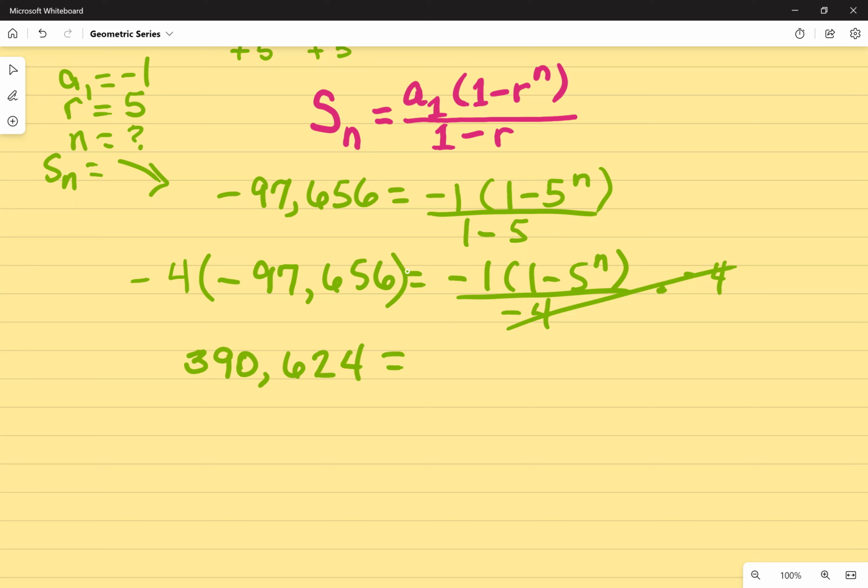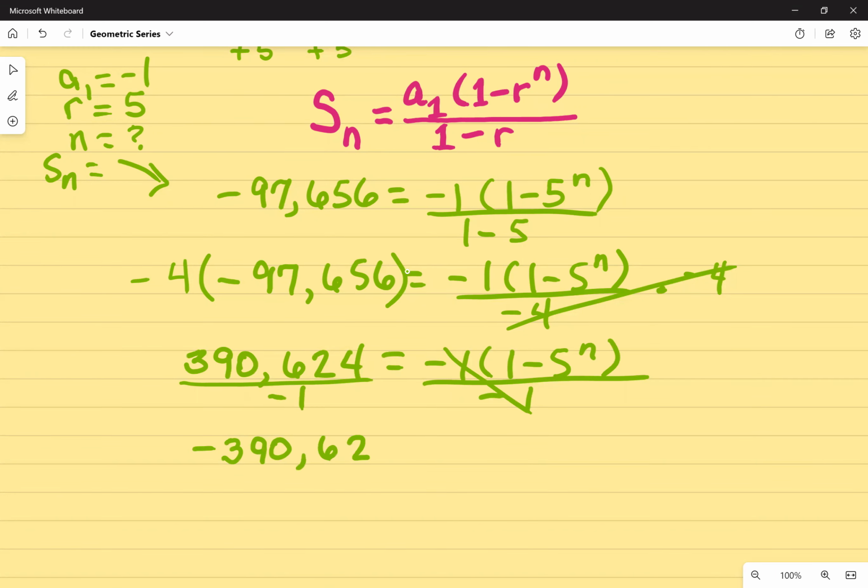And it's still set equal to negative 1 times quantity of 1 minus 5 to the nth power. I need to get rid of that negative 1 that's out front. And what I do to one side, I do to the other. So this becomes negative 390,624 is equal to 1 minus 5 to the nth power.